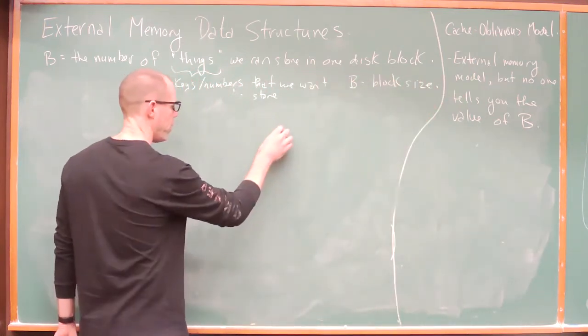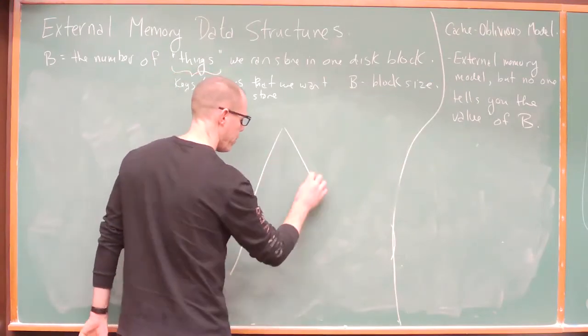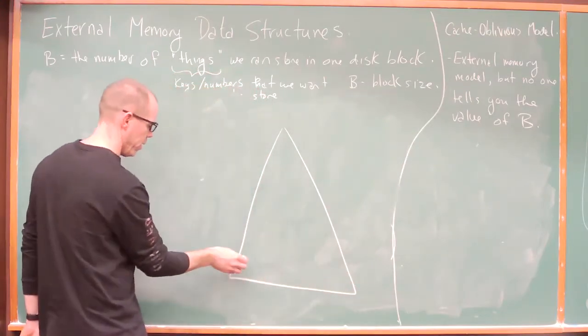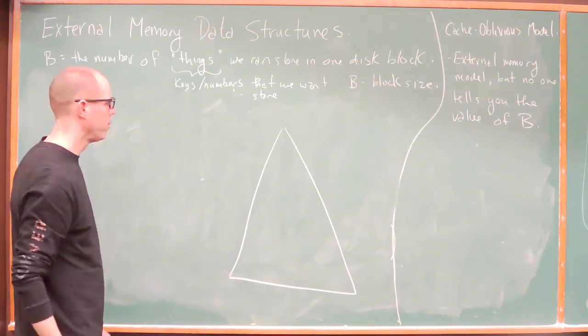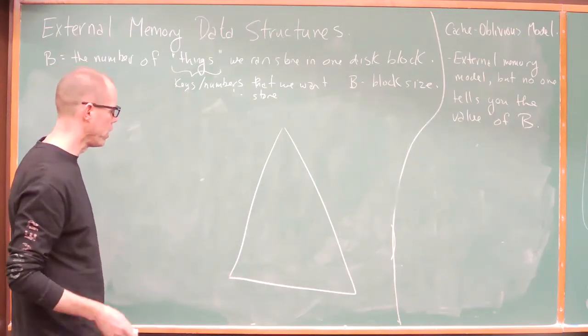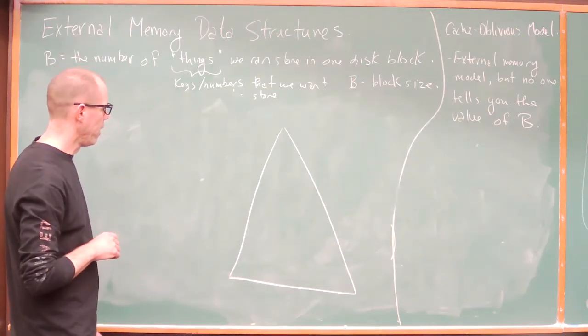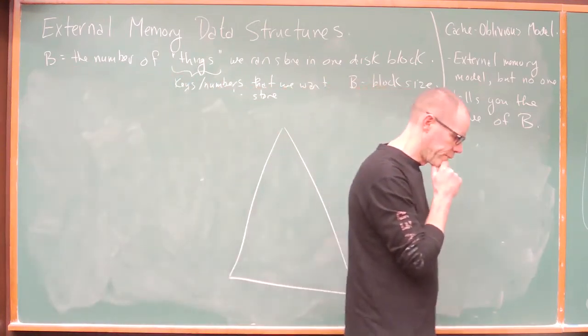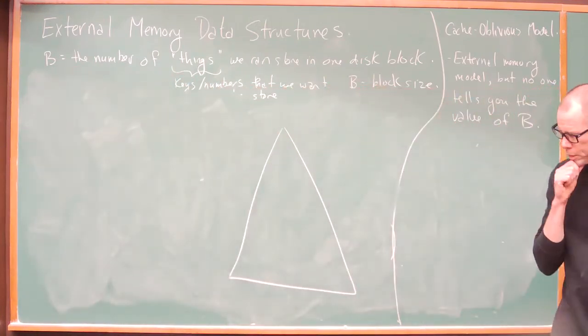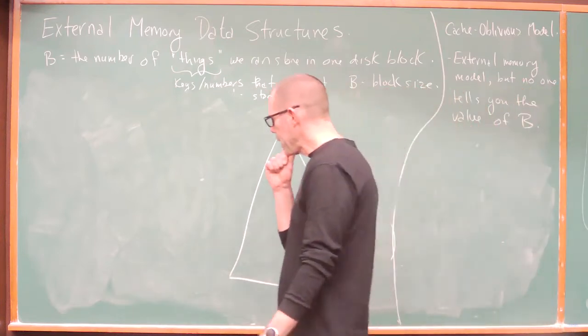We started with a binary search. So let's just think about this cache-oblivious model. We don't know the block size. We want to do just searching in a sorted set, and we want this to be somehow as fast as possible.